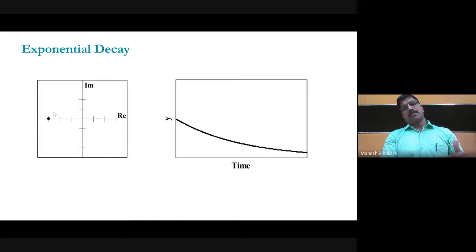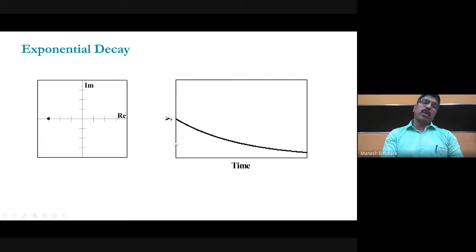So if you take the inverse Laplace transform of 1/(s + 3), it will be e raised to minus 3t. Now if you put various values of t ranging from 0 to infinity, when t is 0, e raised to minus 0 will be equal to 1, and then as t goes on increasing, its response will start decreasing and it will reach 0.